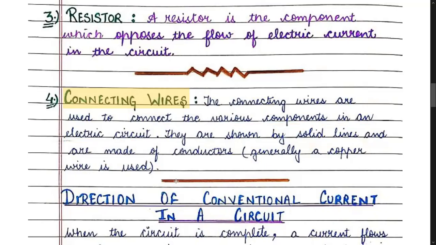They are usually shown by solid lines, and are made of conductors. Generally, we use a copper wire for making connecting wires, since copper is a good conductor and is also not so expensive, which can be afforded easily.